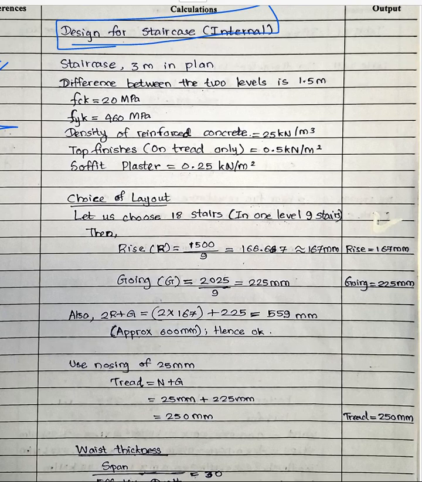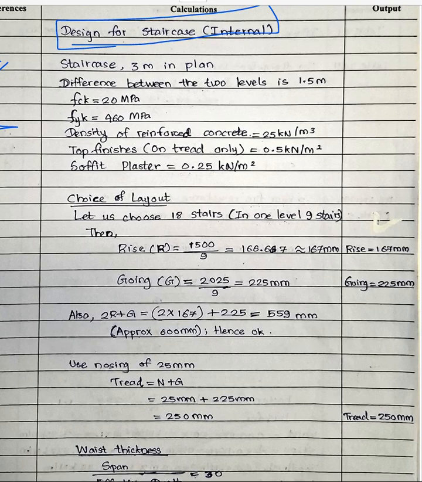I also assume these values for the staircase design. The first one is top finishes on treads only. I explained in the previous video what the tread is, what the rise is, what the going is, what the waist is. All the terms I explained in the previous video.